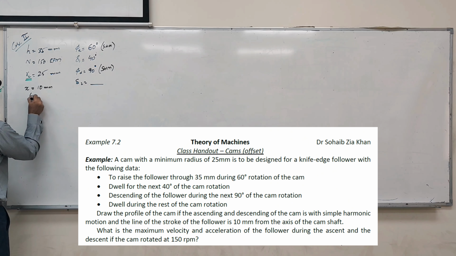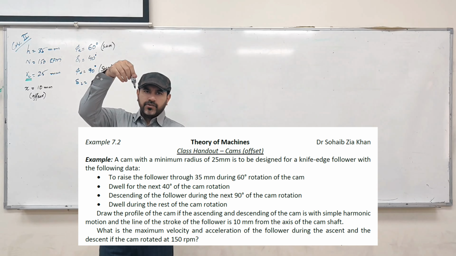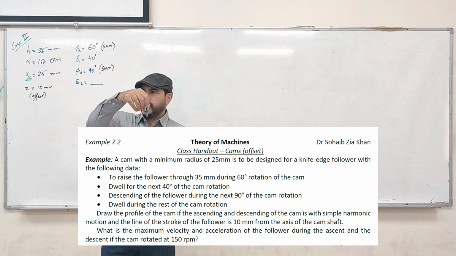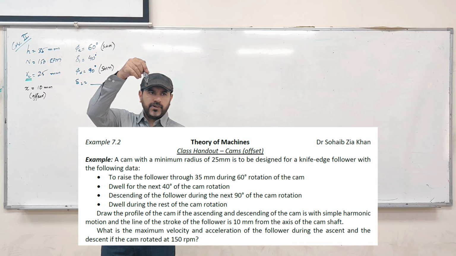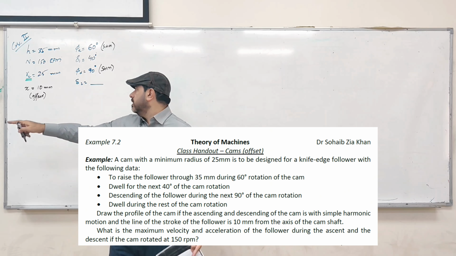In case number 1, the follower and the cam profile rotation axis were in the same line. This time the follower axis and cam rotation axis are a little bit offset. How much? 10 mm. Understandable? So how to draw it?